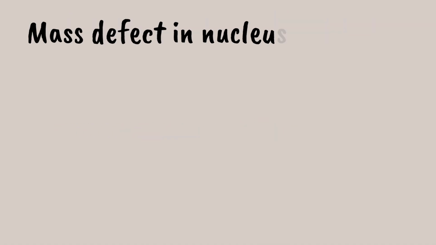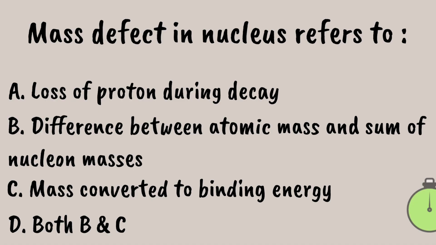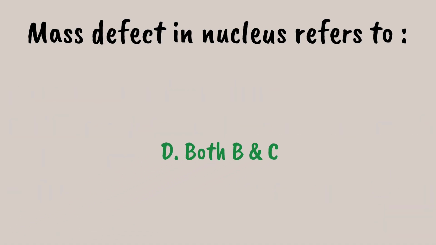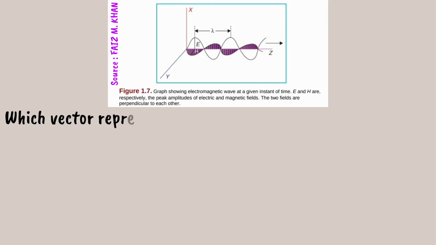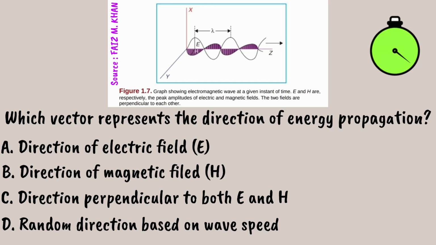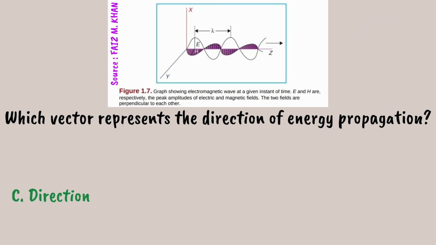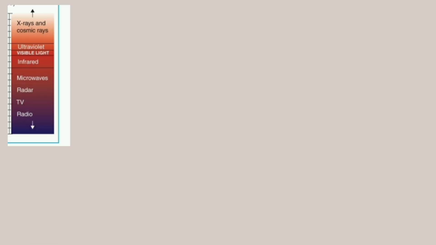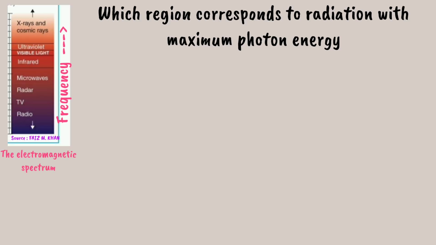Mass defect in nucleus refers to. Which vector represents the direction of energy propagation? Which region corresponds to radiation with maximum photon energy?